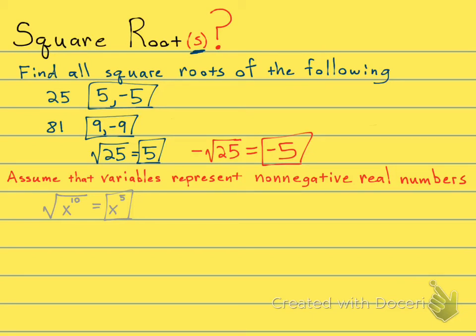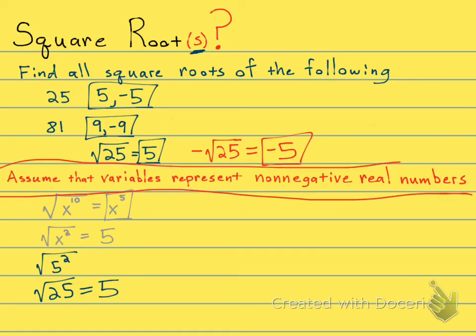So if you see that the square root of x squared is, say, 5, right? And we know that because the square root of 5 squared is the square root of 25, which is 5. When you see this, assume that all variables represent non-negative real numbers.